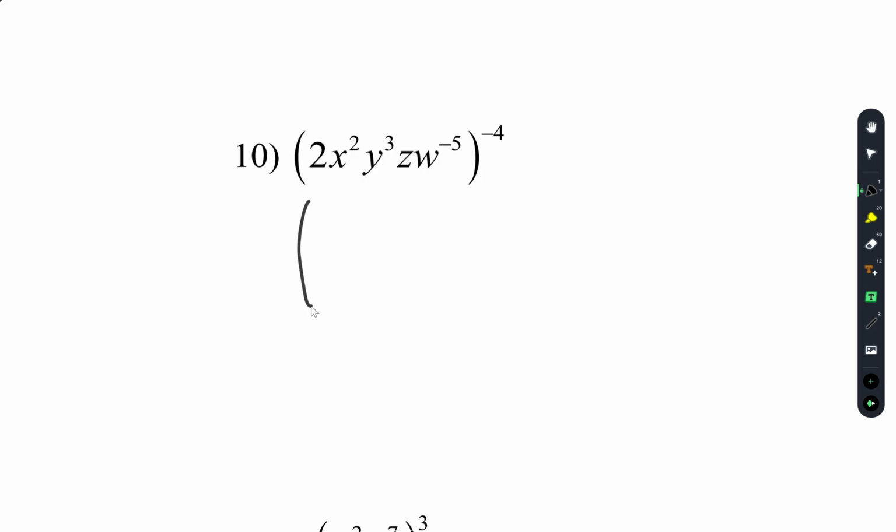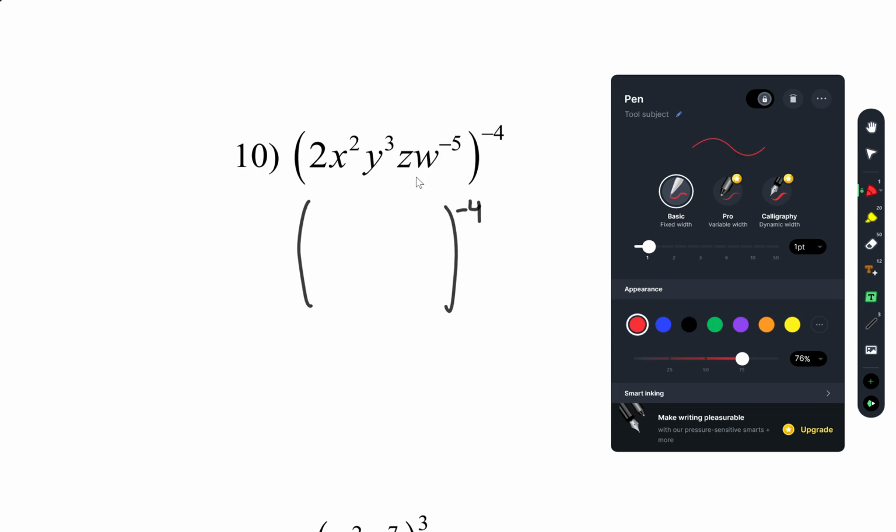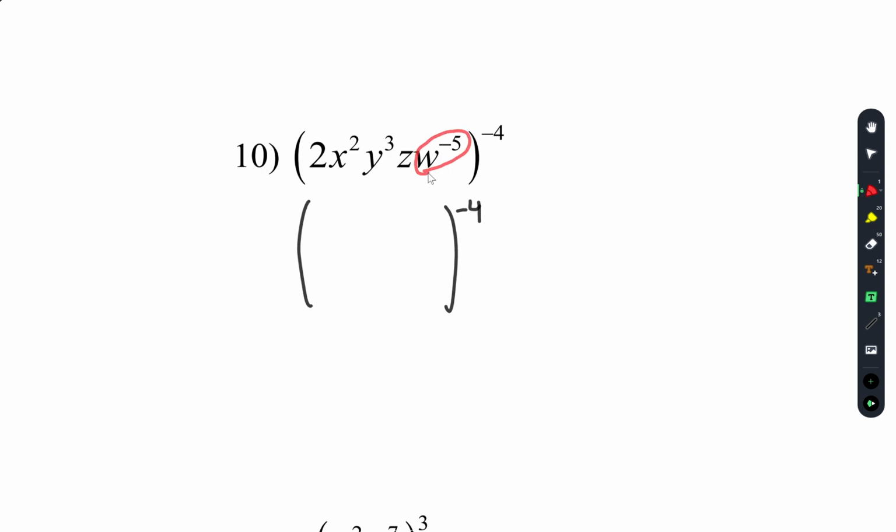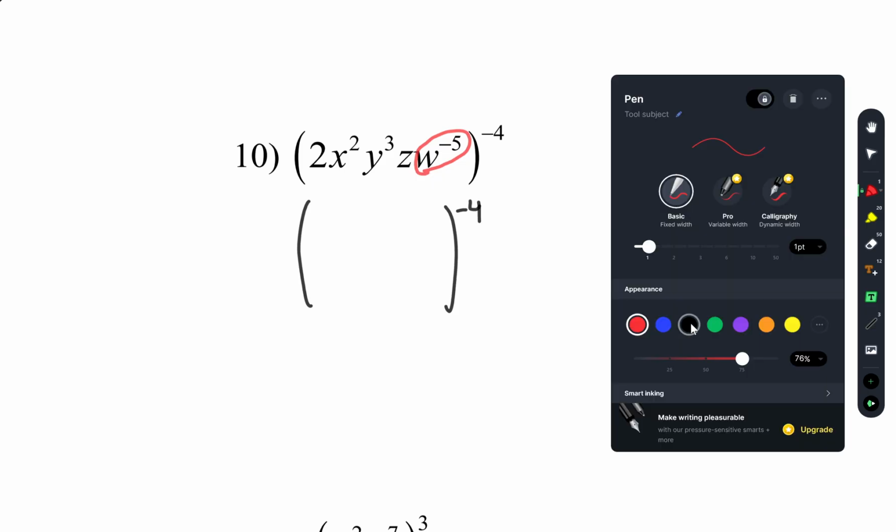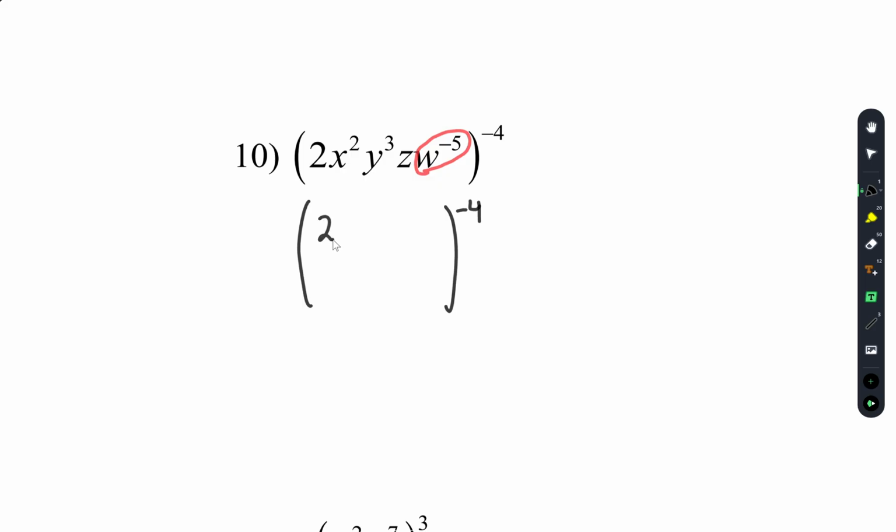So here we go. So just like PEMDAS, I'm going to mess with the inside first. The only thing I need to mess with is the w, because that has a negative exponent. So everything is going to stay. So the 2x squared y cubed z is all going to stay on the numerator, but then the w is going to be on the denominator.